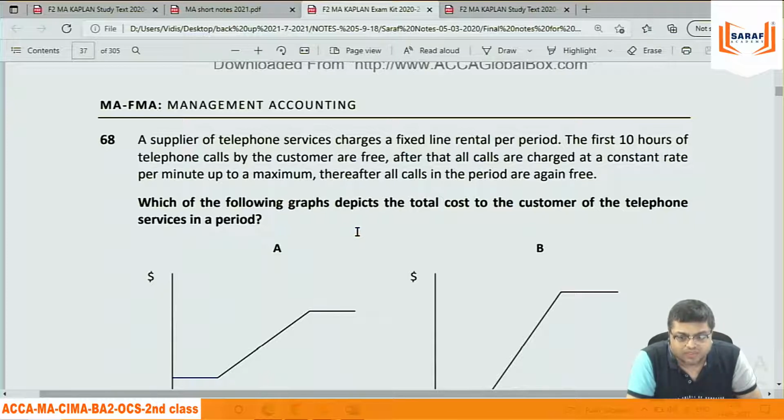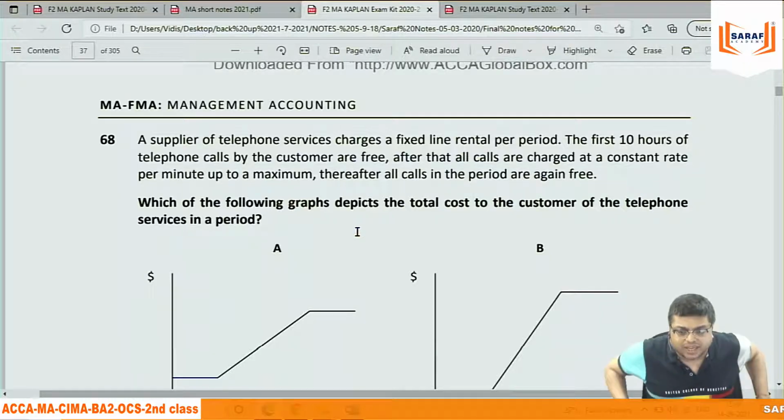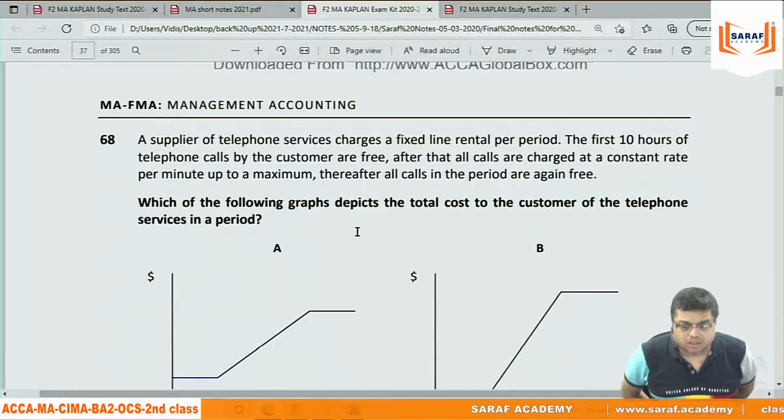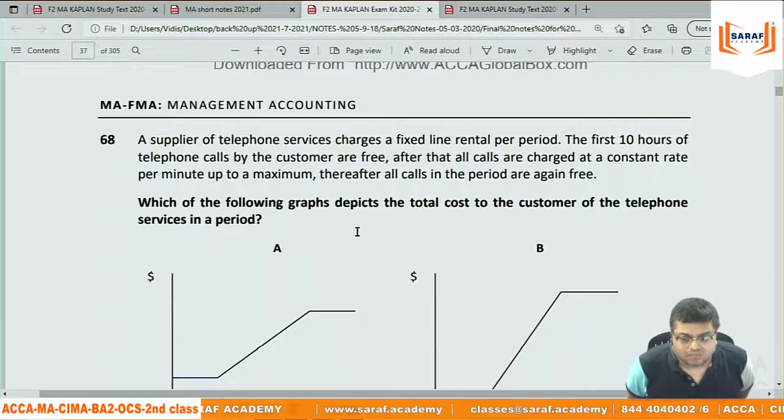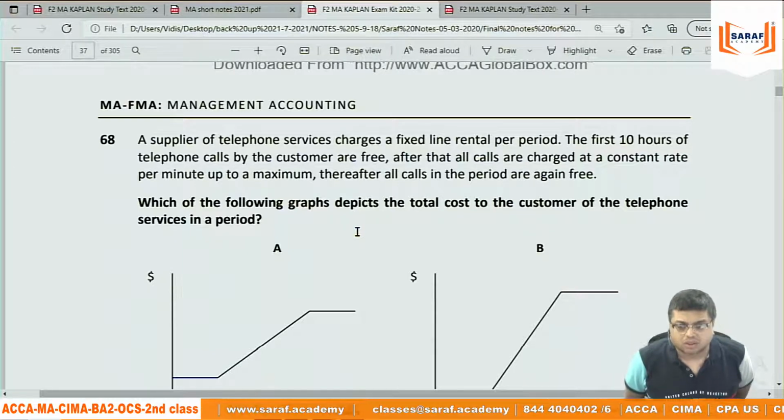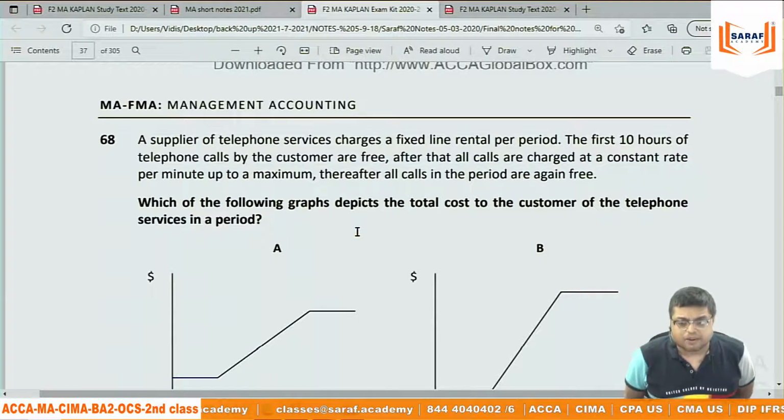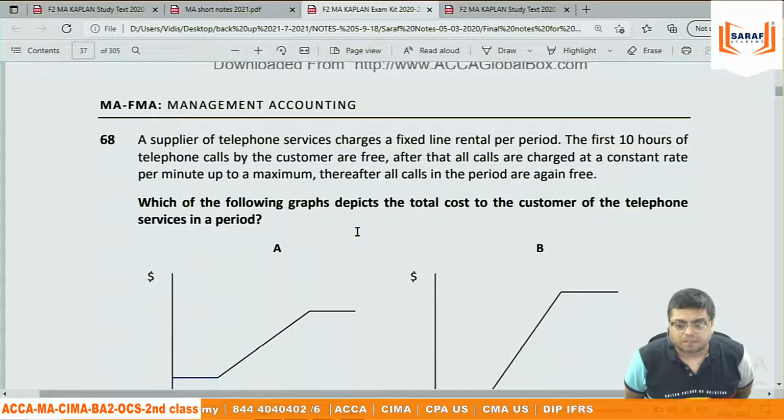A supplier of telephone services, say Vodafone, Airtel, is charging for your mobile phone per month say 400 rupees. The first 10 hours of telephone calls by the customer are free. After that, all calls are charged at a constant rate per minute up to a maximum. Thereafter, all calls in the period are again free.